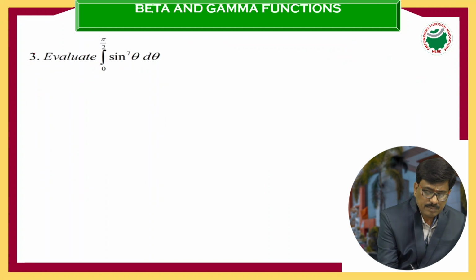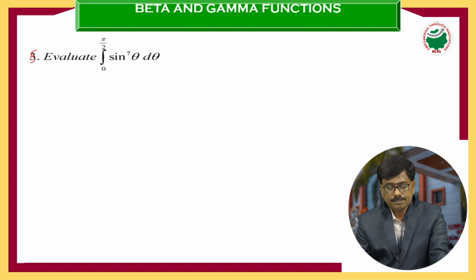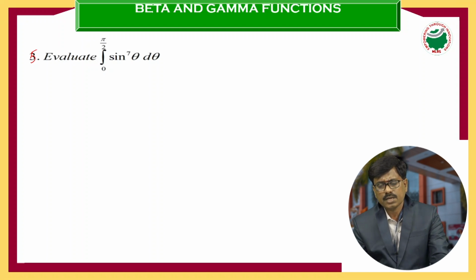See, further, I am extending into a trigonometric function. One more problem. Here, to evaluate integral 0 to pi by 2 sine power 7 theta into d theta. Already we can evaluate this function by using the reduction formulas.